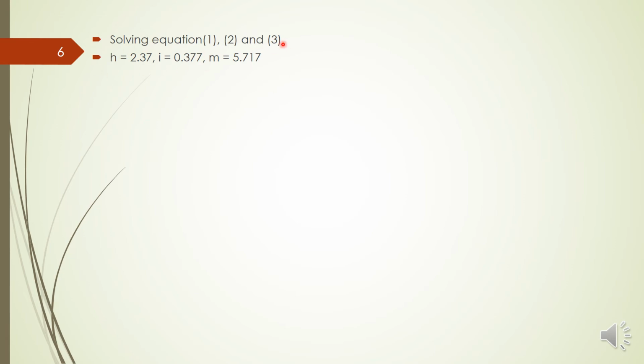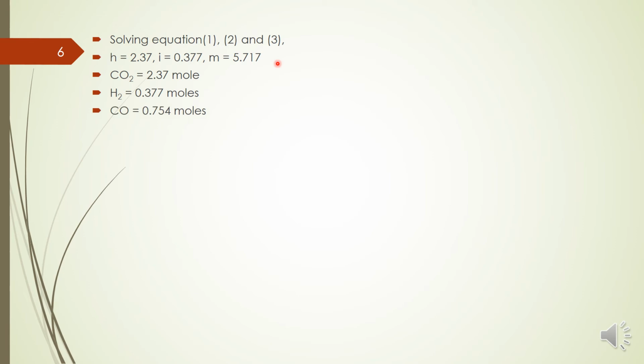So here the trick is, first you have to write the balancing equations, then use the clues given in the question, and further simplifying those equations, find out all the unknown moles. So that means our product will have CO2, H moles of CO2, that is 2.37 moles, I moles of hydrogen, that is 0.377 moles.